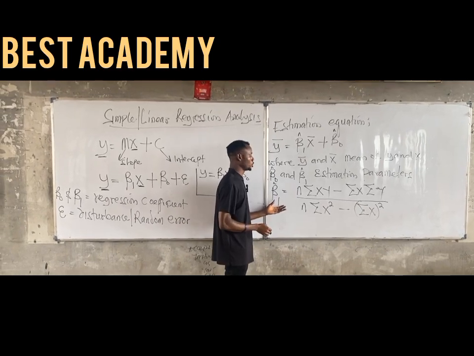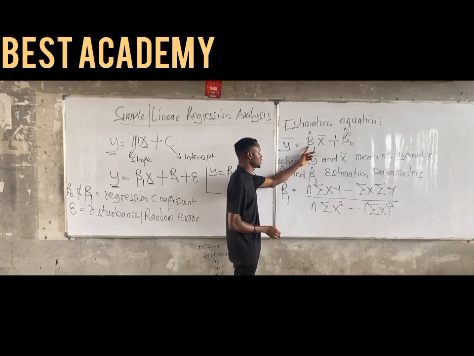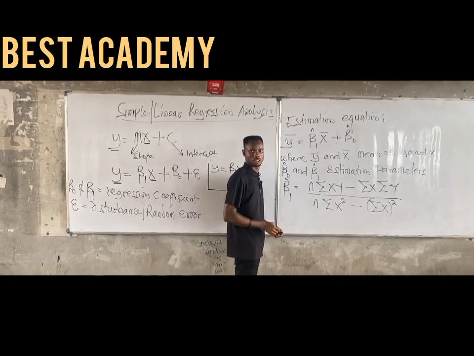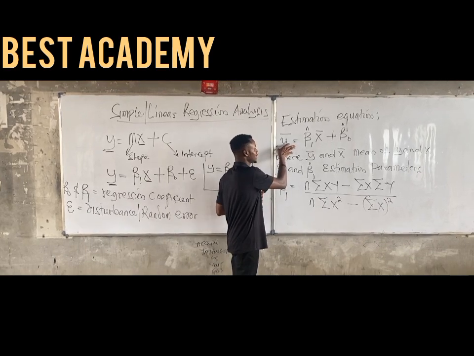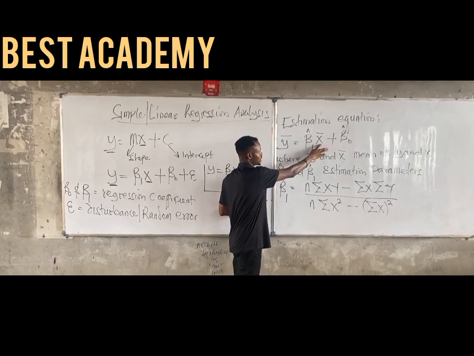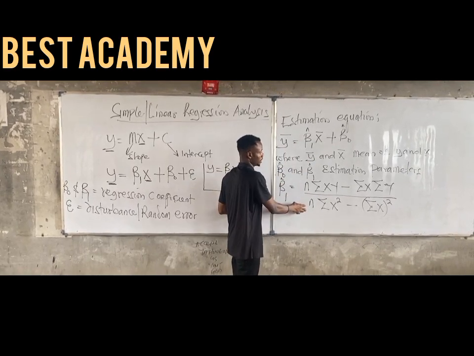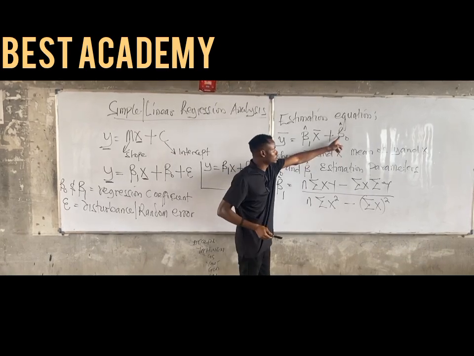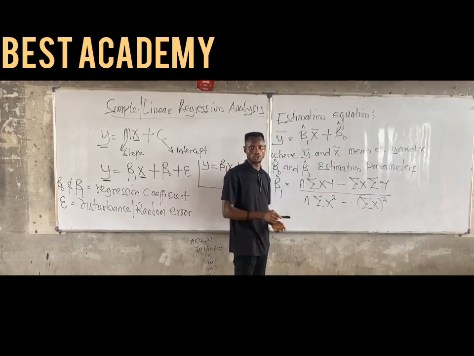This is the formula we use in calculating beta 1 hat. Please take note. So if the other values are given, and this is the formula, to calculate this term I have to make it the subject of the formula.